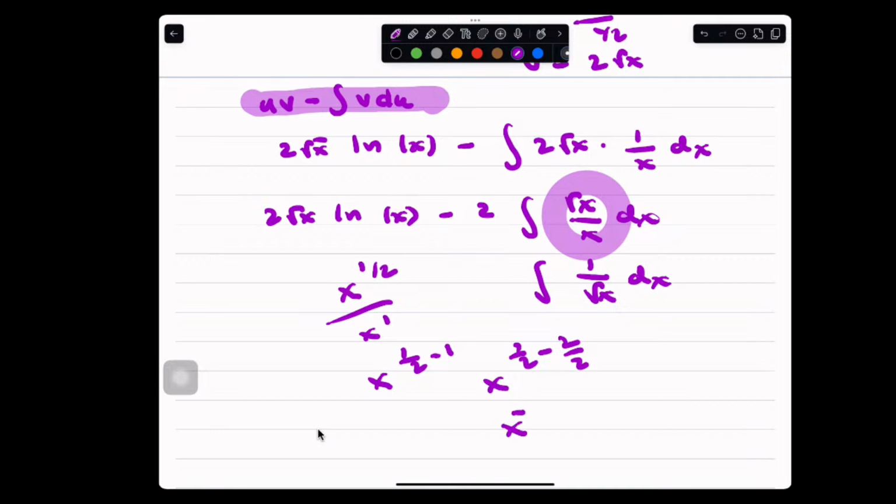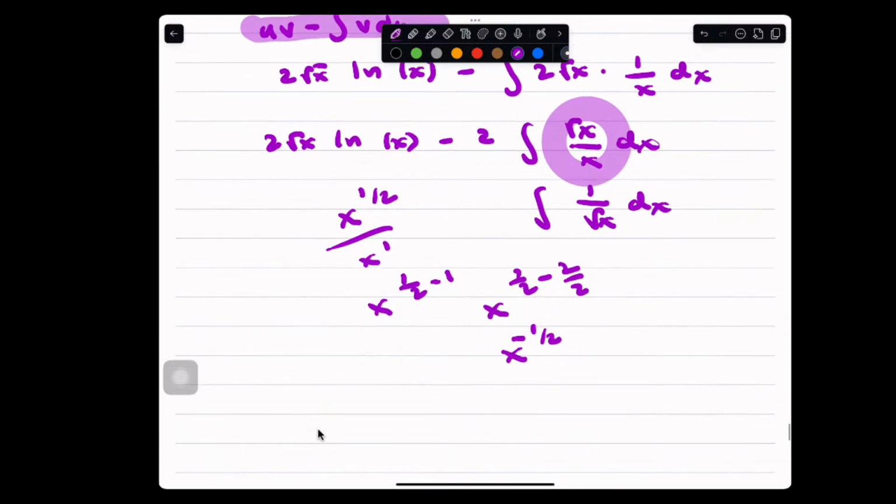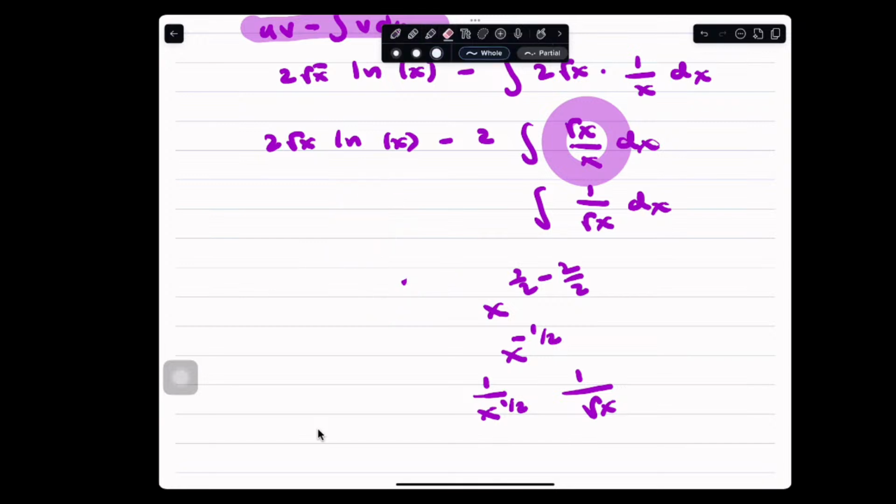You get x to the negative 1/2. And that's why this is 1 over the square root of x. So you just want to know that this is 1 over the square root of x. Okay, that's where it came from. Let's get rid of our scratch. Just use properties of exponents.